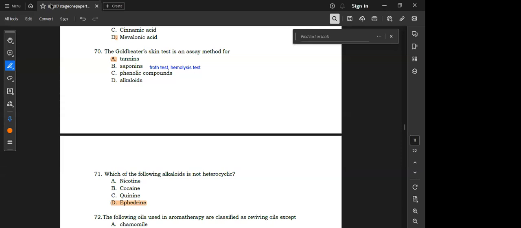We can check whether it has a heterocyclic nitrogen. It says it has a basic carbon skeleton not derived from amino acids, and they don't have a heterocyclic ring either. If it doesn't have a heterocyclic ring, that makes it proto. But if it's not derived from amino acids, that makes it pseudo. I don't know.